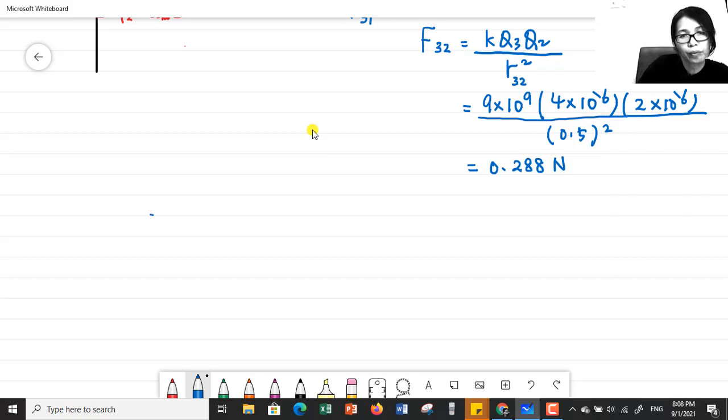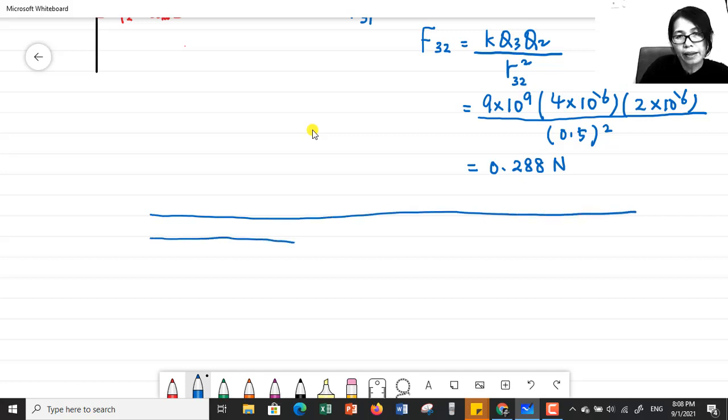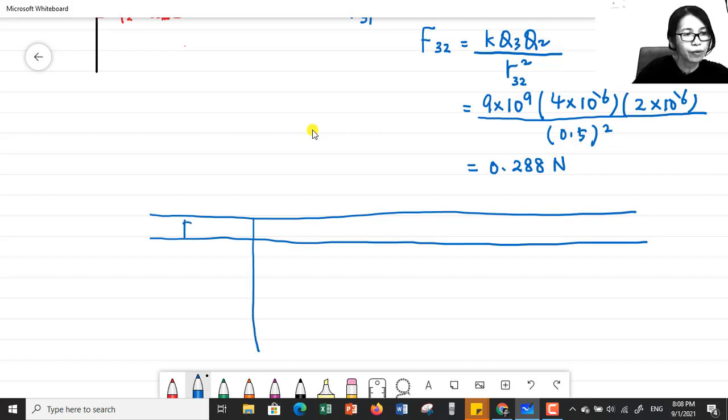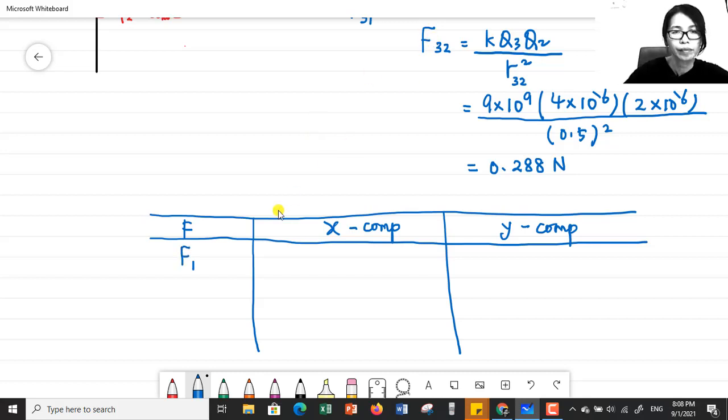We are going to do the summation of vectors by considering the direction. Because both forces act at certain angles, we need to resolve the forces in order to do the summation. So we have to resolve it into component X and also component Y. So we have F13.